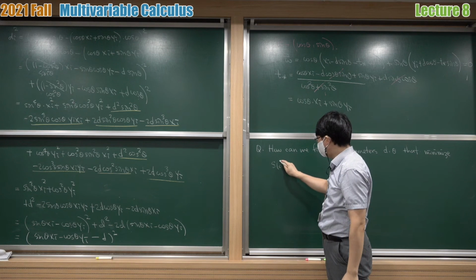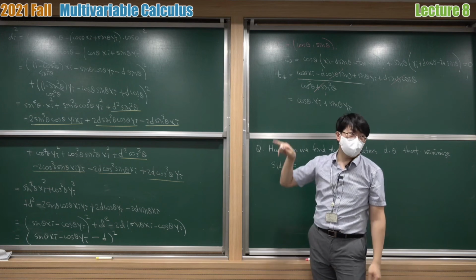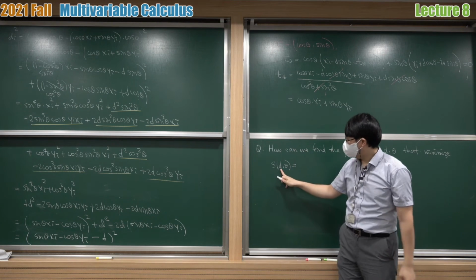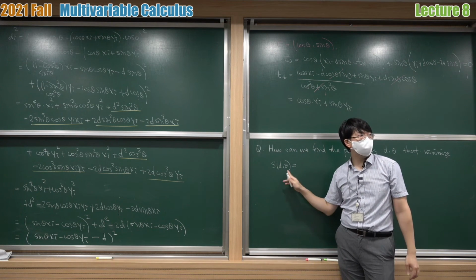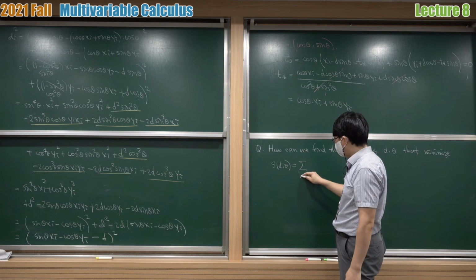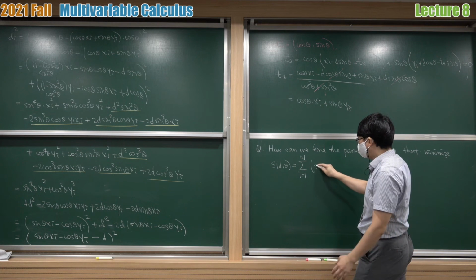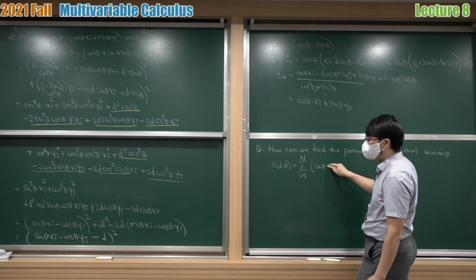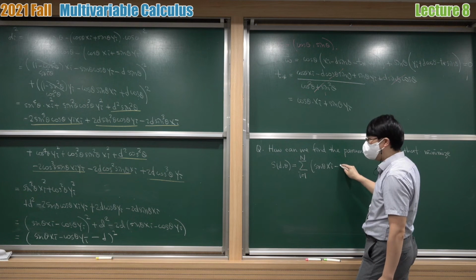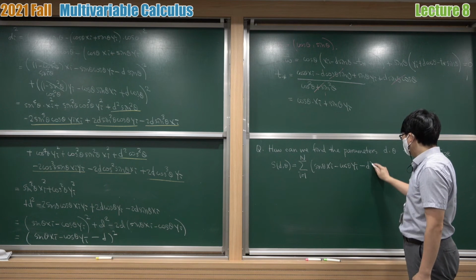So S of d, theta. Now instead of writing L, I can replace it as d comma theta because this defines the L, which is the sum of these things. So we have sine theta xi minus cosine theta yi minus d square.